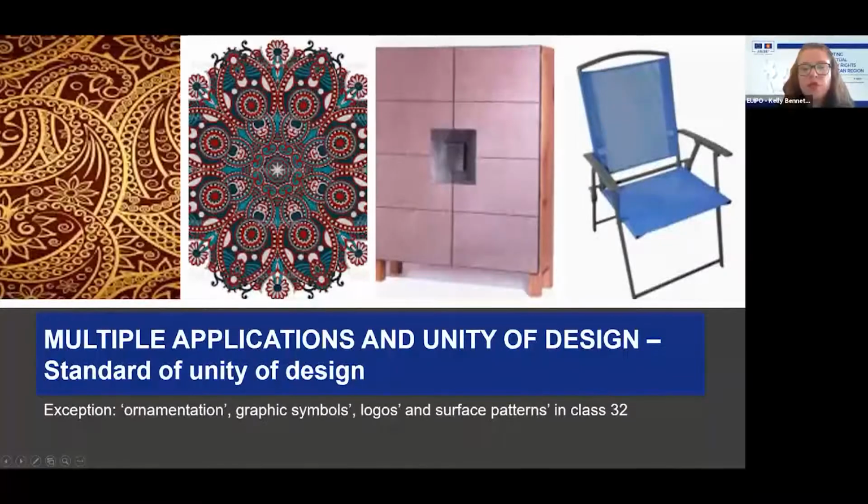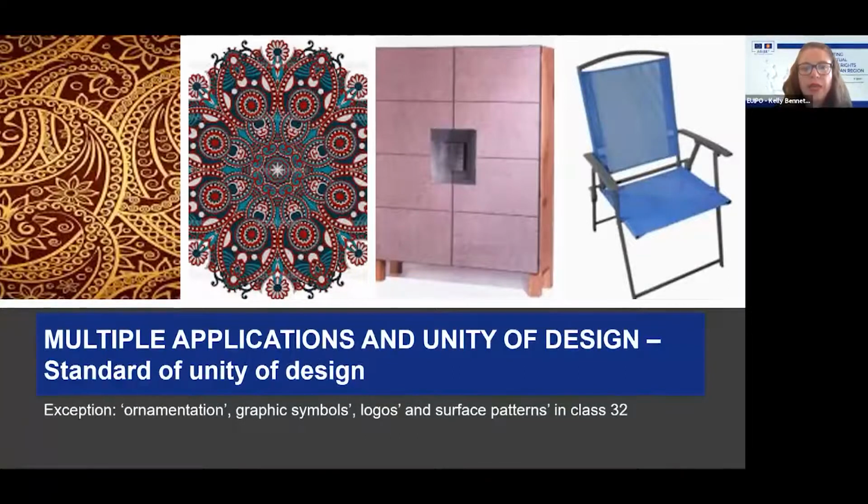As I mentioned, ornamentation is a different situation. Although it's a product itself within the meaning of Locarno, its primary purpose is to be one of the features of other products. So representations of ornamentation should not include the product to which it will be applied.